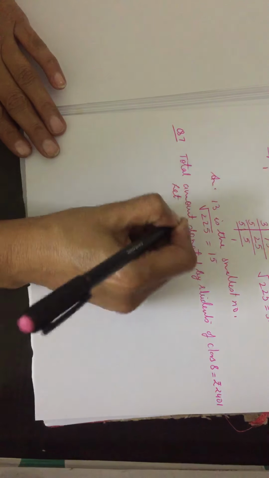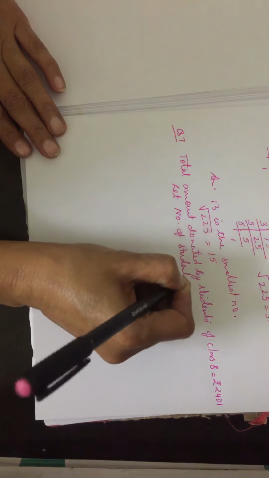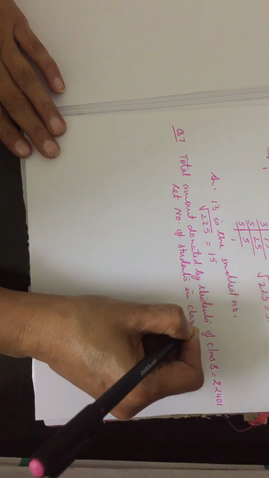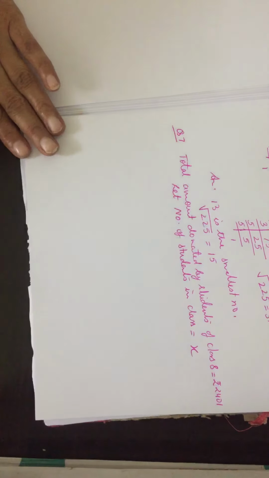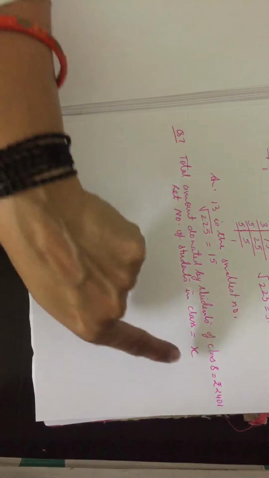So, let the number of students in the class be X. So each student donated how much amount? How many students are there?